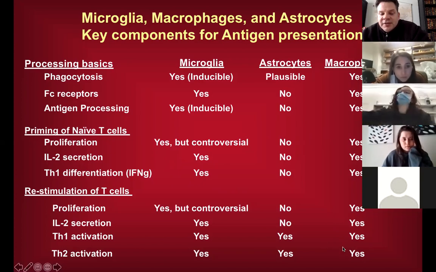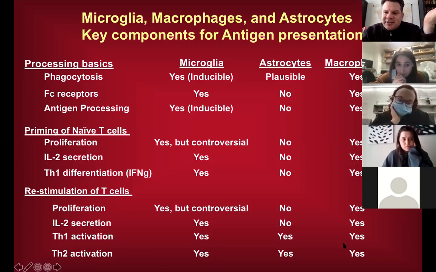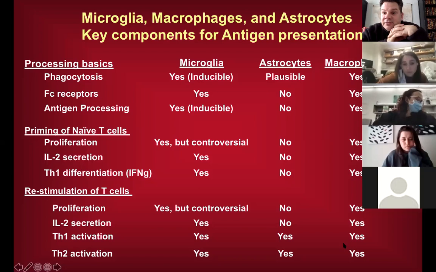Then this is something called restimulation of T cells. This is when a T cell has already seen antigen, but needs that extra boost. Like let's say a T cell gets exposed to antigen in the lymph nodes, right? And then it goes out in circulation looking for that antigen. It really needs to see it a second time to drive that signal home.